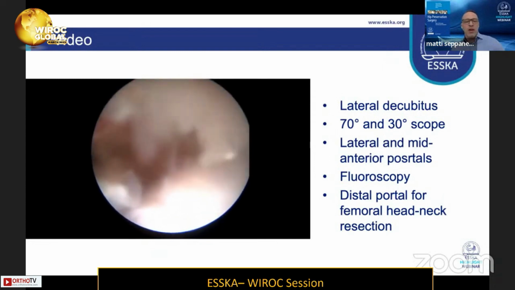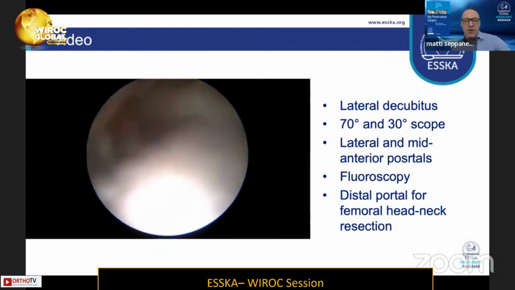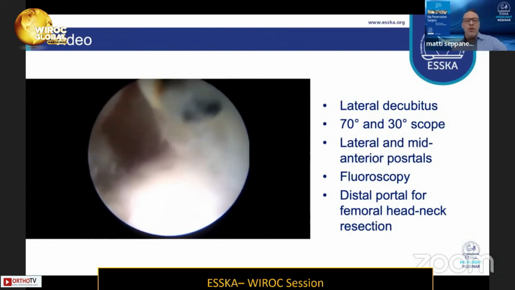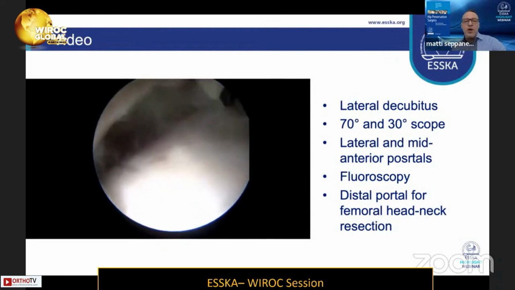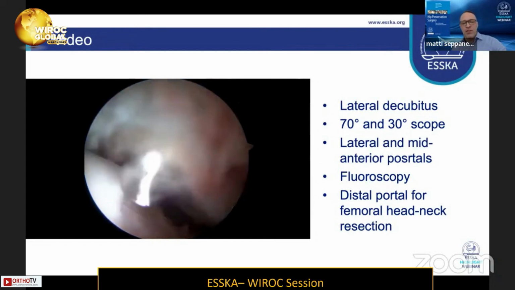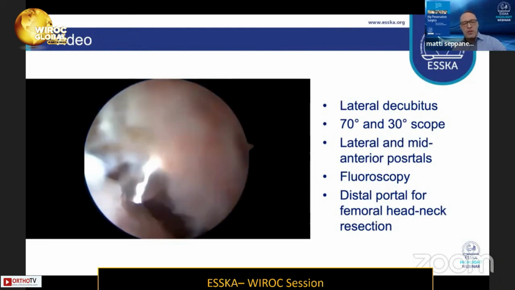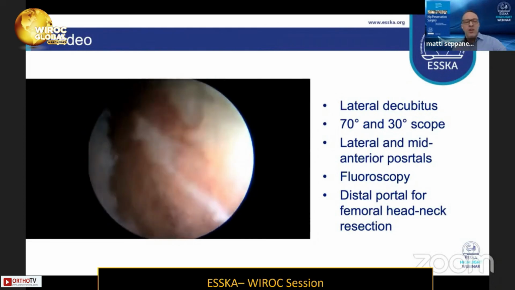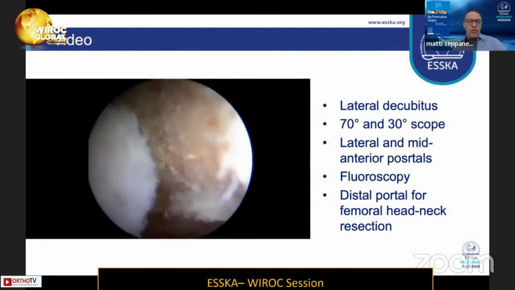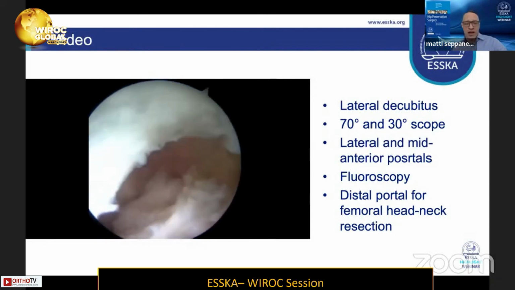The whole idea of hip arthroscopy or hip preserving surgery is that you try to optimize the bony anatomy. So every time you have done a rim resection, you have to take care that the head and neck junction is also compatible with the socket side.